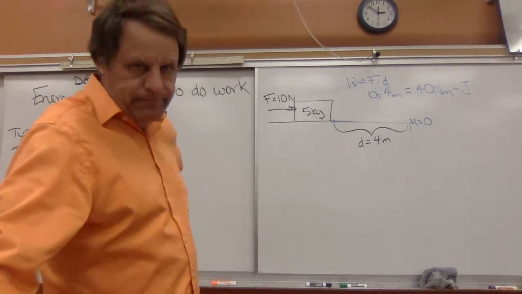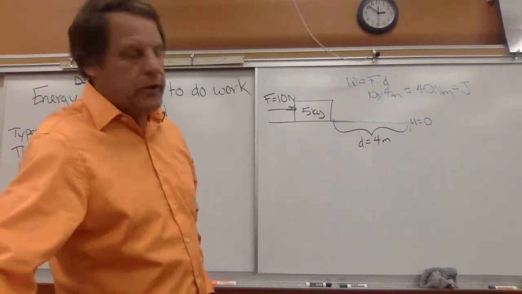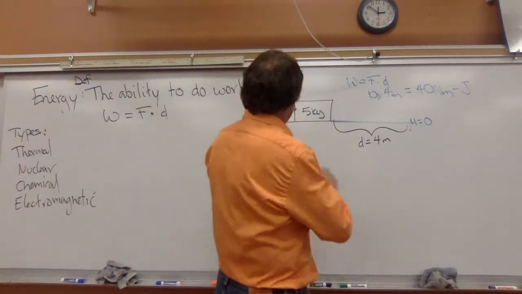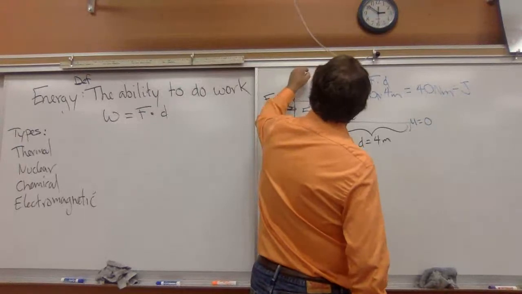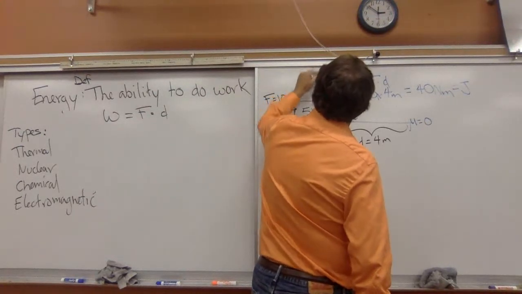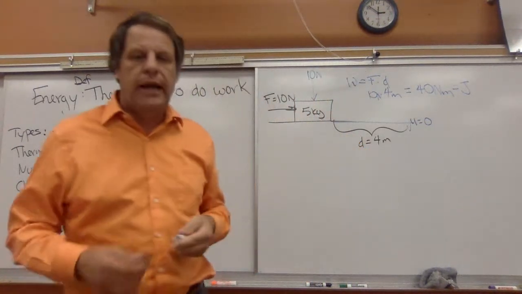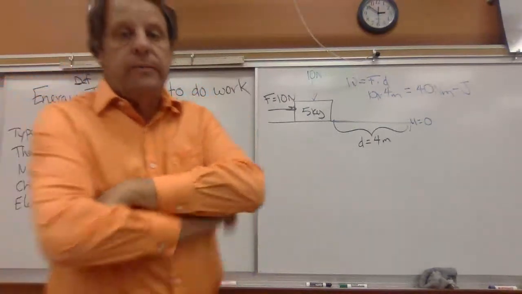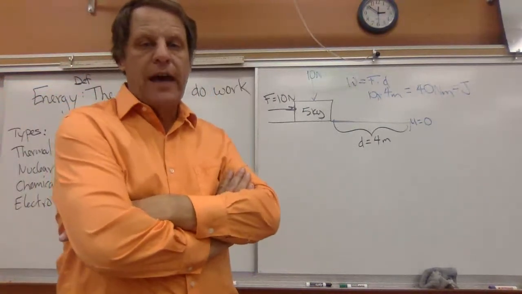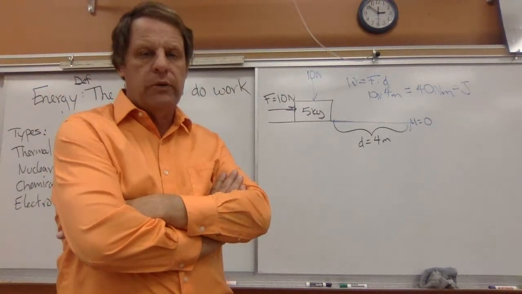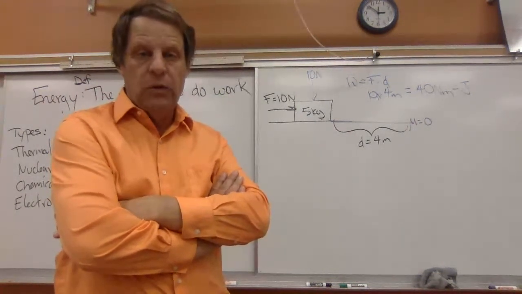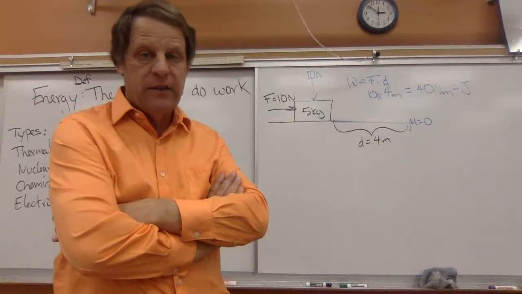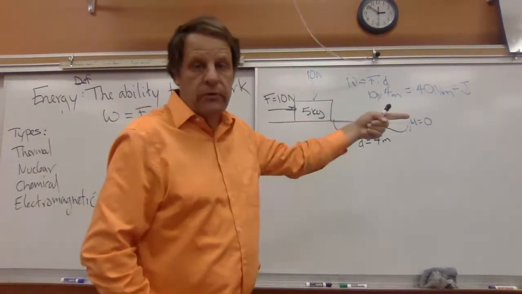Now, same example here, but what if we had this force of 10 newtons and we pushed straight down? If we took that 10 newtons and pushed straight down, would it in fact go 4 meters?